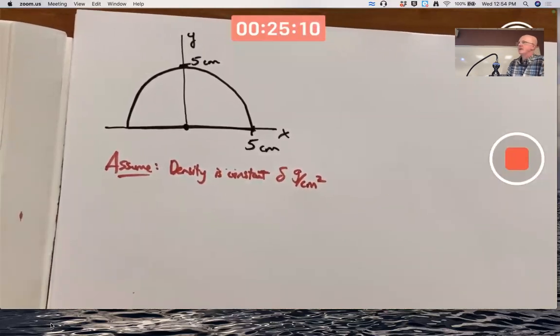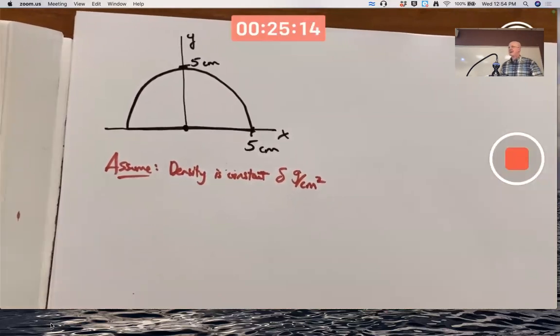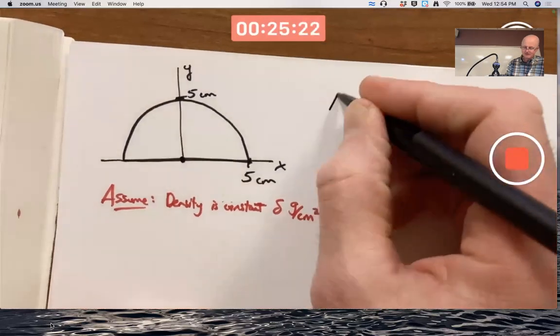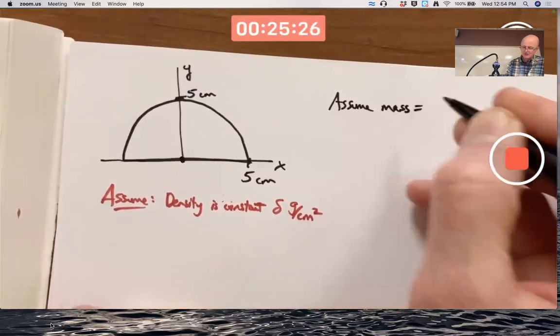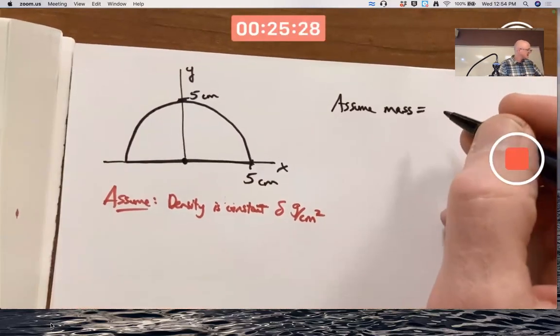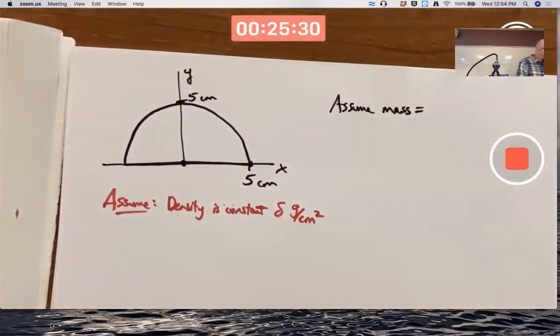Not going to specify what the constant is, although if I do give you the mass, which I am going to do, we can figure out what the constant is. Assume the mass equals, say, oh, what did I do in the first class? I think 20 grams or something. Let's be consistent.